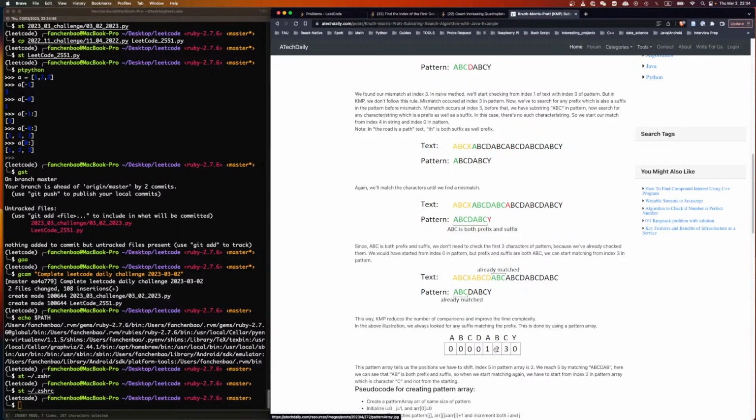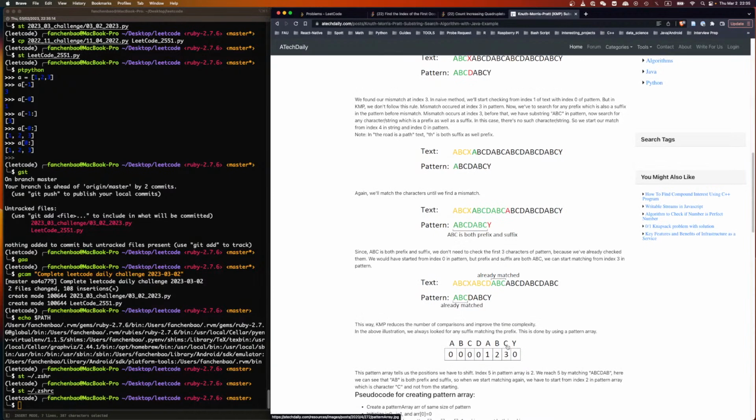For everything we check, if the previous is 0, that means there's no matching. Then we check with the front. If it doesn't match, it's 0. Previous not match, check front. Previous not match, check front. Oh, it matches. Then that's a 1. And then we check previous match, then we need to check the second one. It matches, so we do this. Okay, I can build a pattern.